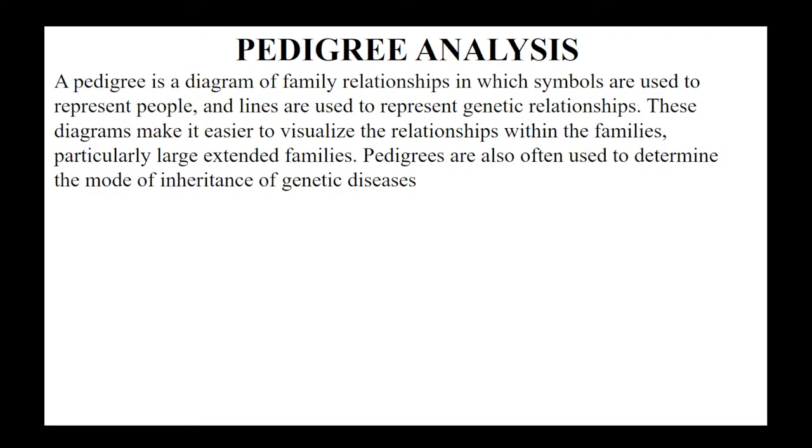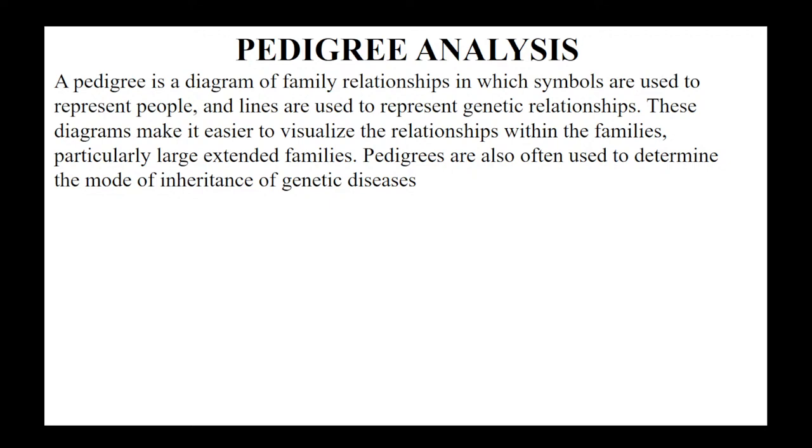A pedigree is a diagram of family relationships in which symbols are used to represent people and lines are used to represent genetic relationships. These diagrams make it easier to visualize the relationships within families, particularly large extended families.